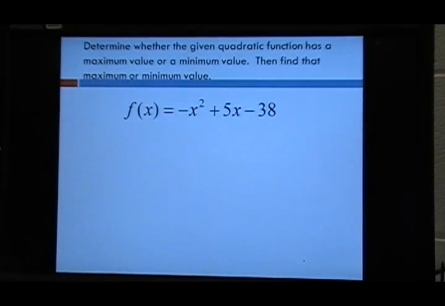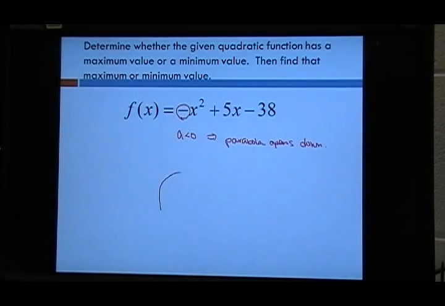Okay? Determine whether this quadratic function has a maximum or minimum value, and then find what it is. So looking at this, since a is less than 0, since a is a negative number, I know that the parabola opens down. Okay?